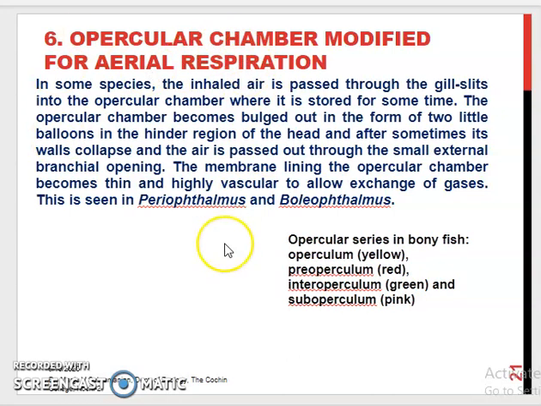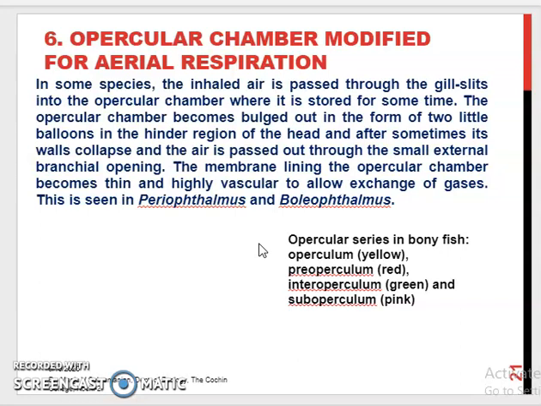This opercular chamber is modified for aerial respiration. In some species, the inhaled air is passed through the gill slits into the operculum, where it is stored for some time, and the opercular chamber becomes bulged out in the form of two little balloon-like structures in the lower portion or hinder region of the head.